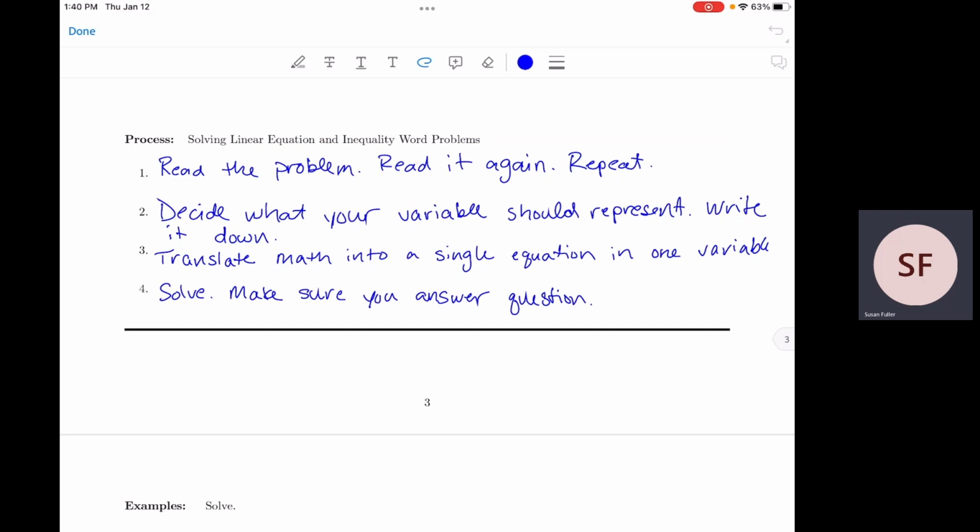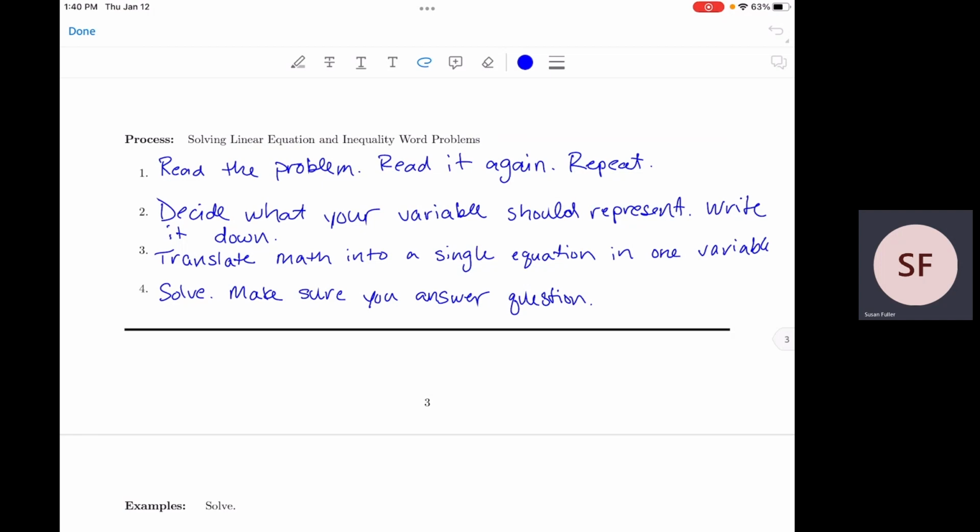Sometimes you'll need to draw a picture. Do what you need to do, write some things down, and start to think about the link between what you're given and what you're asked to find. And in that process, hopefully you can identify something that's a missing piece of information. That's usually what your variable should represent.